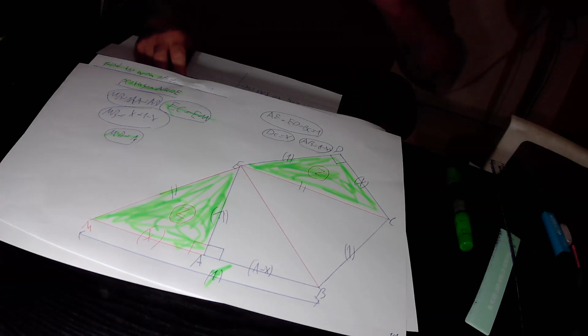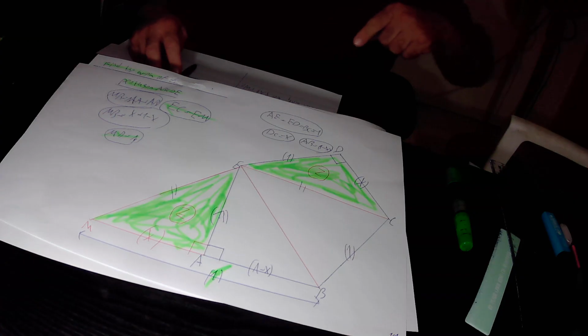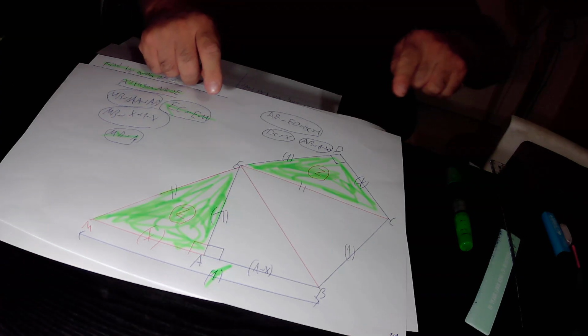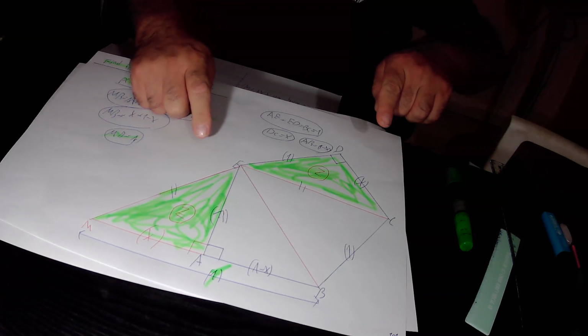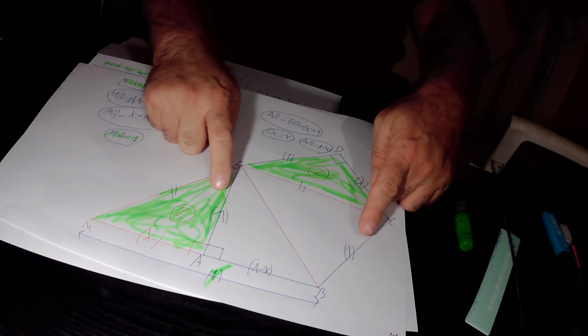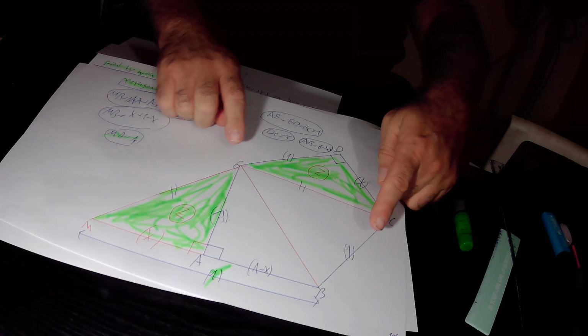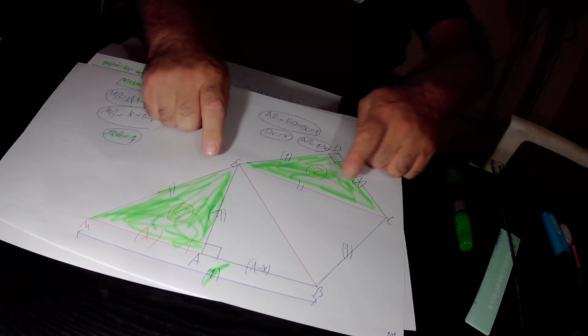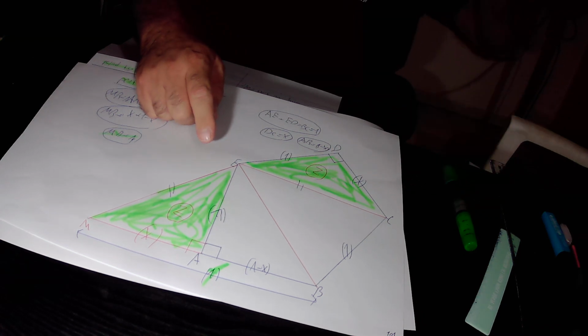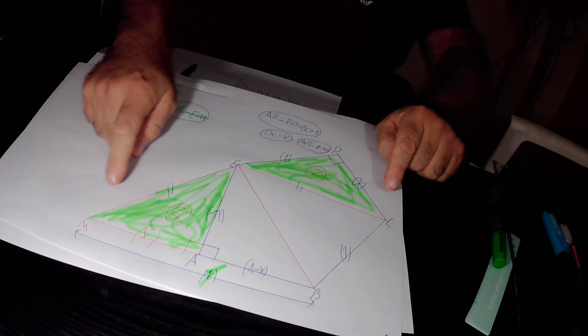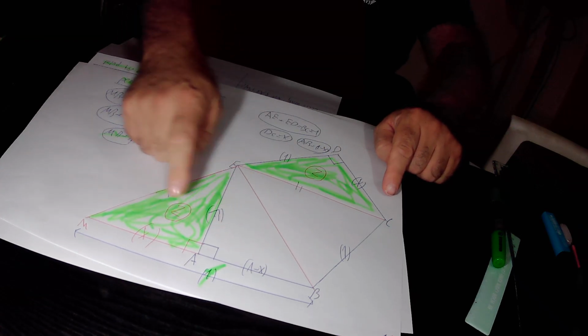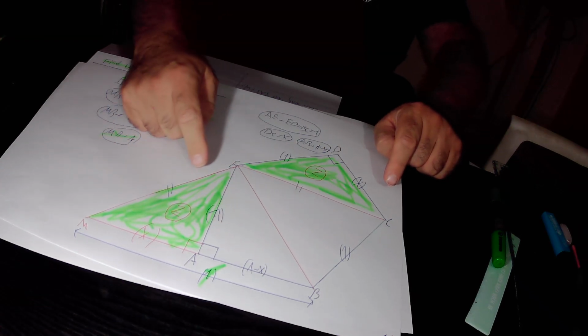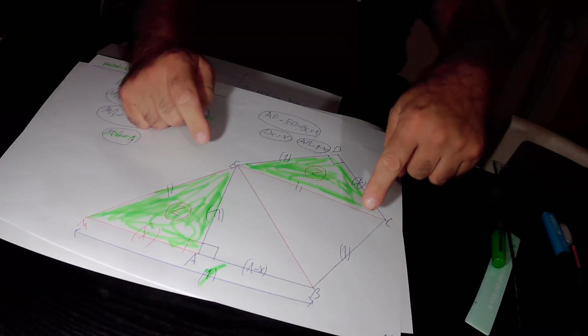In addition, those two sides, side MB of triangle EMB is equal to side BC of triangle EBC.